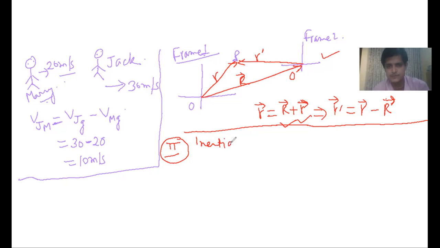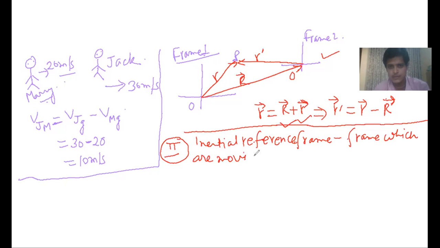Inertial reference frames are those which are at rest or moving with constant velocity. Those frames are called inertial reference frames.